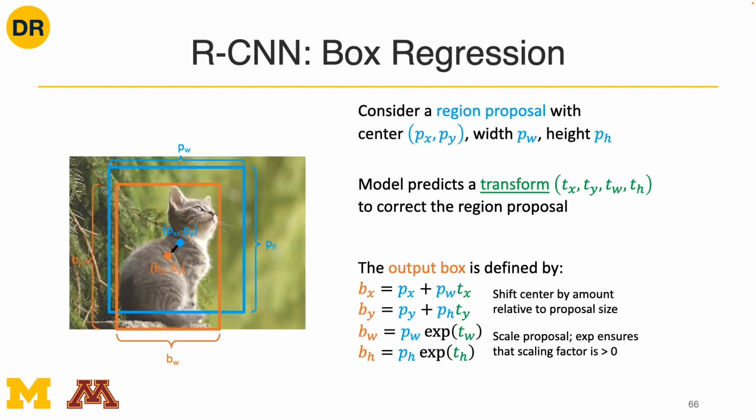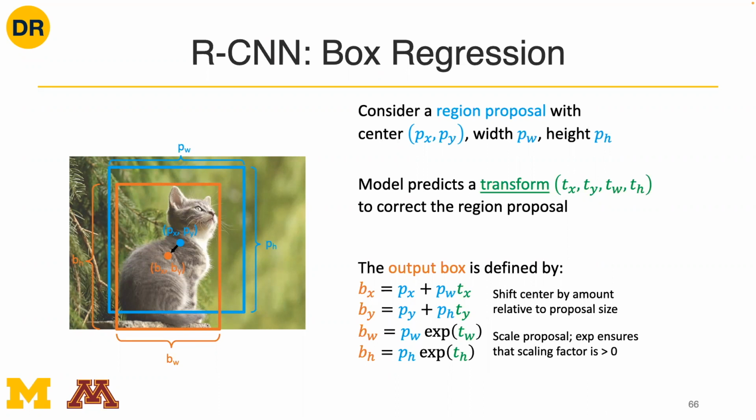So this transform is basically trying to resize your region proposal so that it matches well with your expected ground truth. So what's happening here is you're trying to transform your px, py, pw, ph into bx, by, bw, bh, which is the predictor output that you want to predict for the entire image.